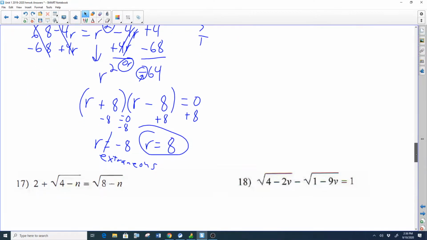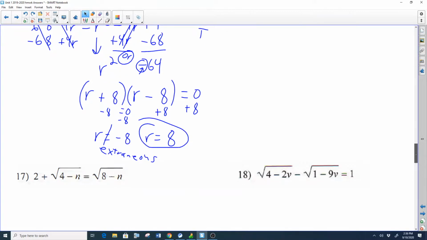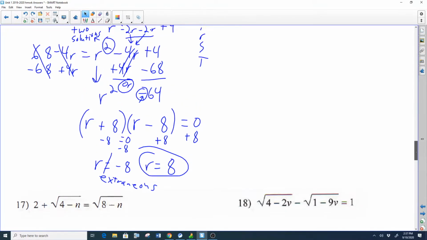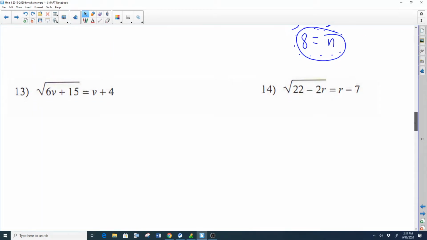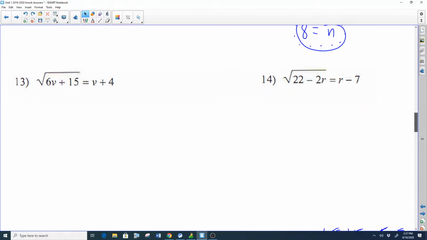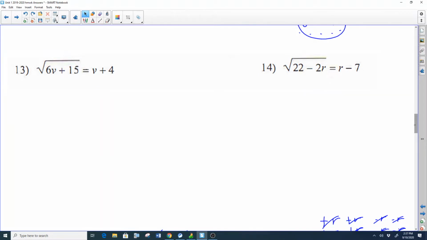So now we're going to jump and do one of these harder ones. You thought that was hard, which it is kind of tough. Number 13, 14, 15, 16, square both sides. Again, what's the process? We're going to write this down.